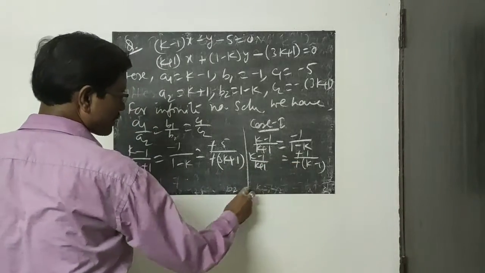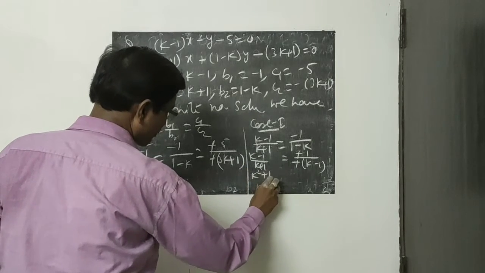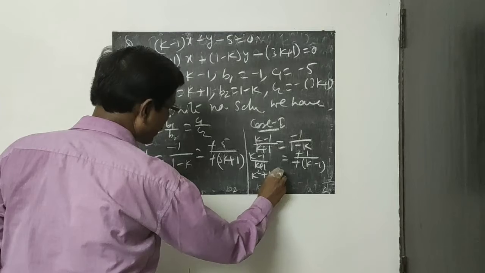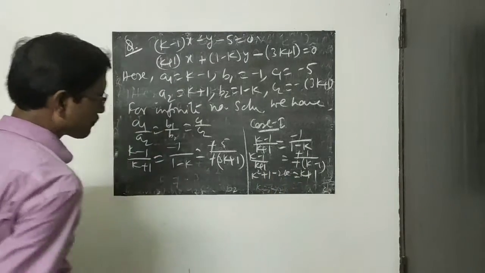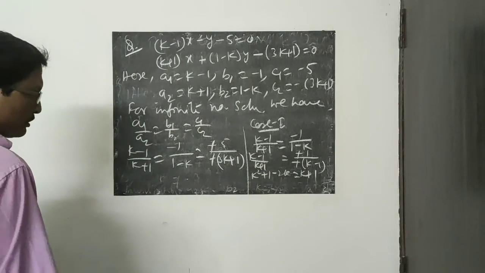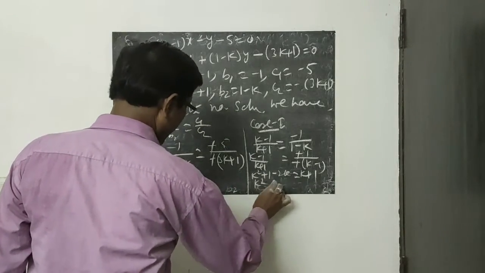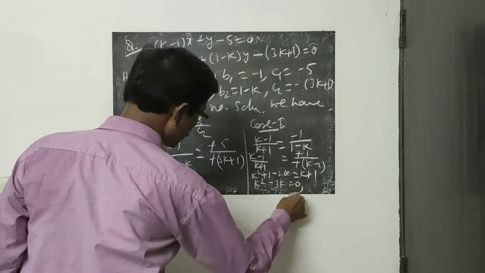If we do the cross multiplication, it becomes k minus 1 whole square. So k minus 1 whole square means k square plus 1 minus 2k equal to 1 into k plus 1. If you take that 1 to this side, it becomes 0. It is coming k square minus 2k minus k minus 3k equal to 0.